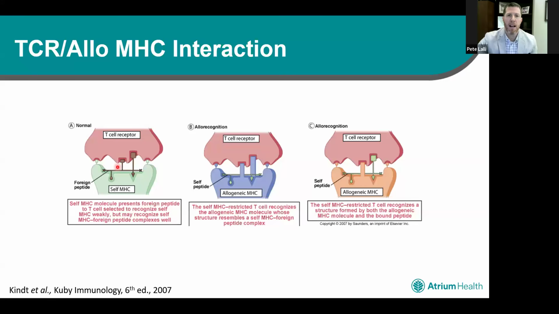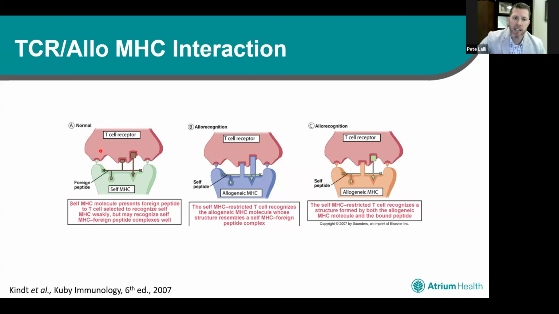So there's two different spots on the T cell receptor that are trying to look at the HLA peptide complex. So we have the peptide from either your normal self proteins or from a viral peptide or a bacterial protein, as well as the normal HLA protein. So it's looking at what's in here as well as what's out here.